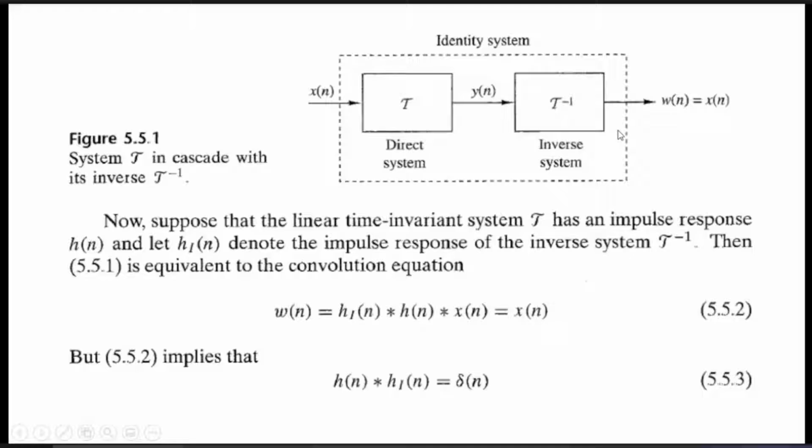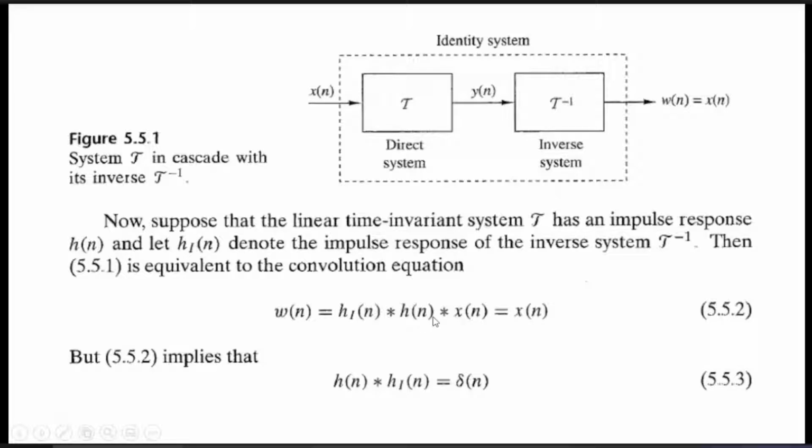So actually you have to know some characteristics of the previous system. Then only you will be able to get the inverse of that. Once you pass the output to that inverse system, you will get the pure data or pure input.